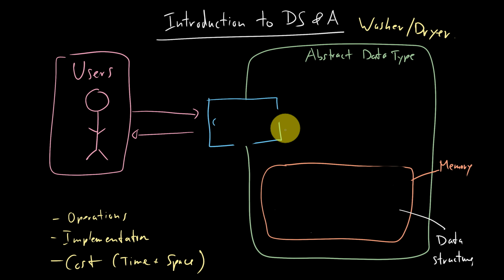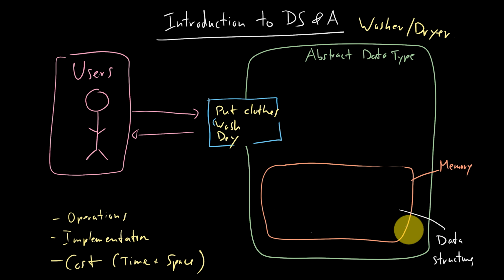Well, I know that a washer dryer can do maybe three things. You can put clothes in, and then you can wash them, and then you can also dry them. So as a user, I don't really care how this washer dryer works or how it's implemented. I only care that I can put my clothes in, I can wash them, and I can dry them, right? So these are the operations.